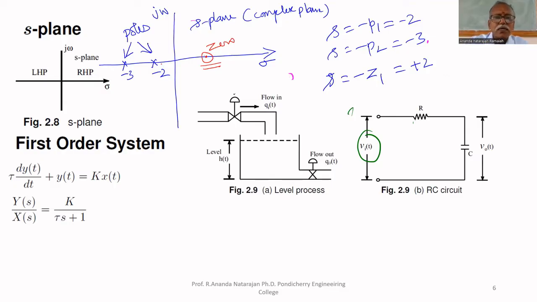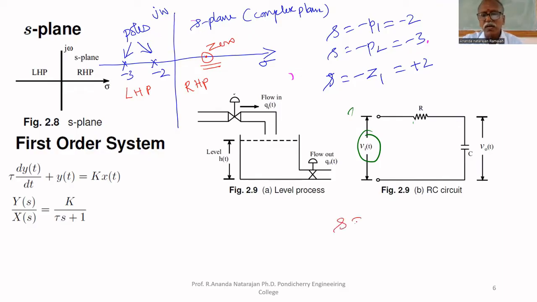Here the poles are in the left half plane. This is the right half plane. There is a significance to the location of these poles and zeros that we will see later. But how do you plot them? You can plot on the complex plane like this.